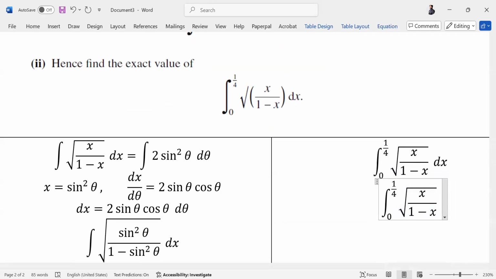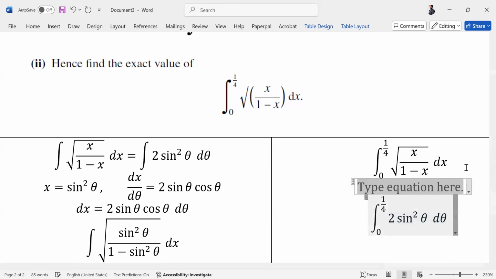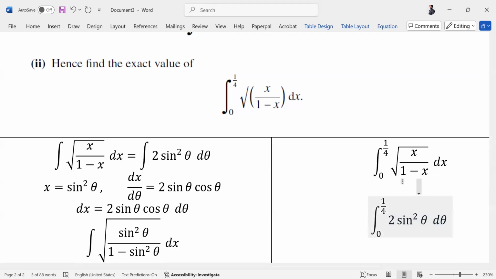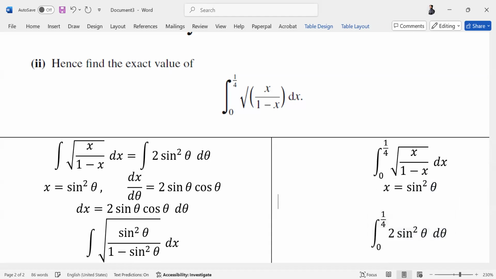So we have already ended up getting 2 sine square theta. So what must we do? To value 1 over 4, we must find the theta values for these. How will we do it? X की जगह वैल्यू डाल देंगे 1/4.